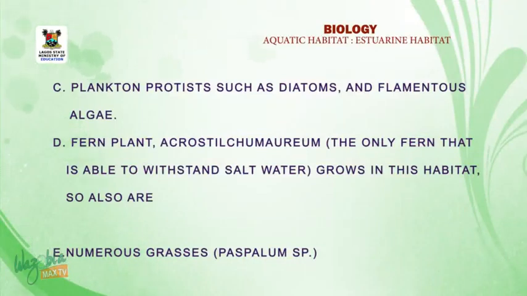Can you pronounce that? Acrostichum aureum, the only fern able to withstand salt water. So they are found in the estuary and grow in this habitat. Then we also have numerous grasses like Paspalum species.